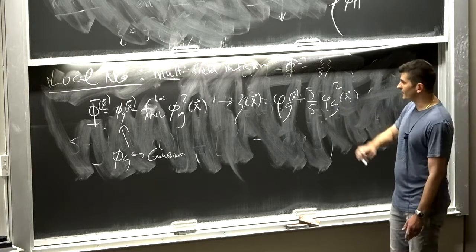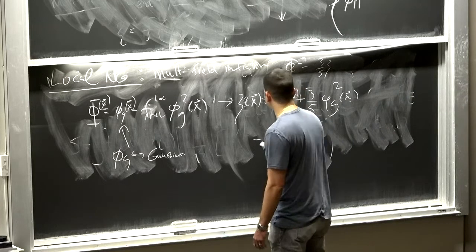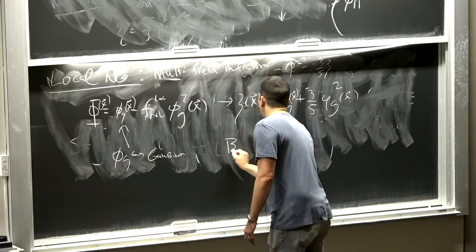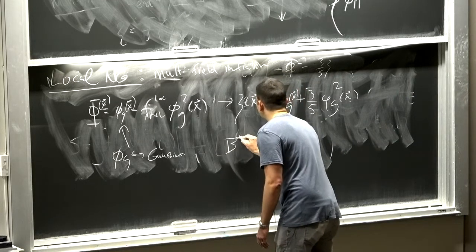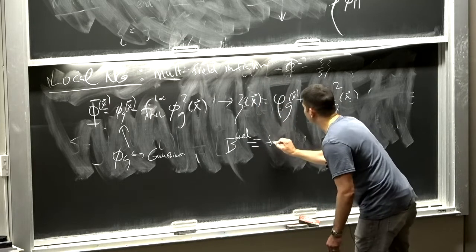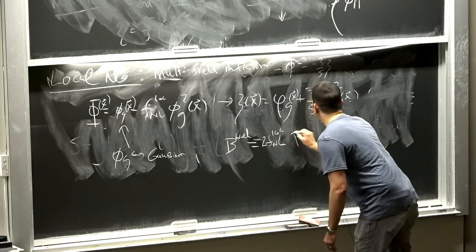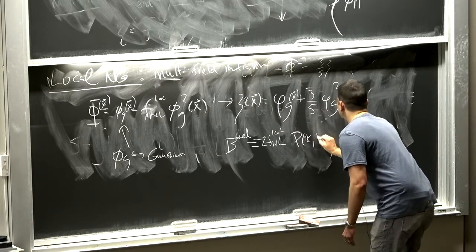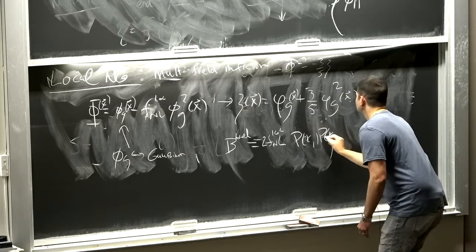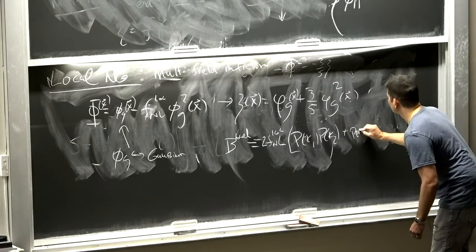So that's what's going on here. The 3-point function you just get from Wick contraction. So the 3-point function is just a bunch of products of the power spectra, plus permutations.